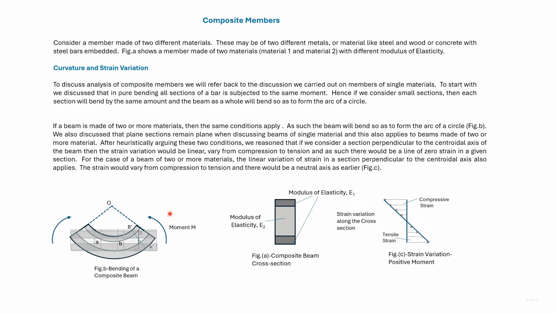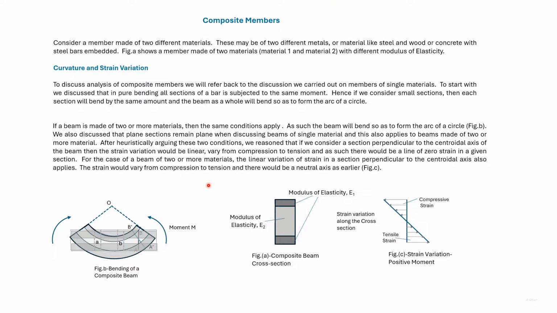We can therefore infer that the radius of curvature of these two portions will be the same. Hence, similar to the beam of a single material, the composite beam bends in the form of an arc of a circle.